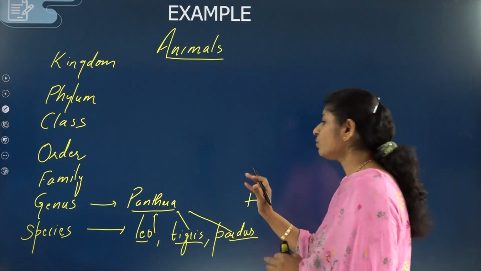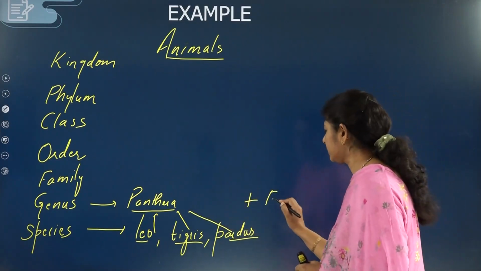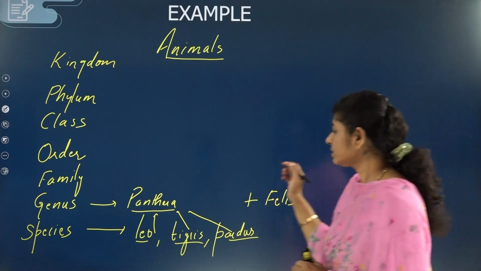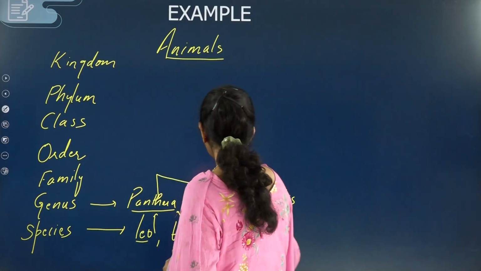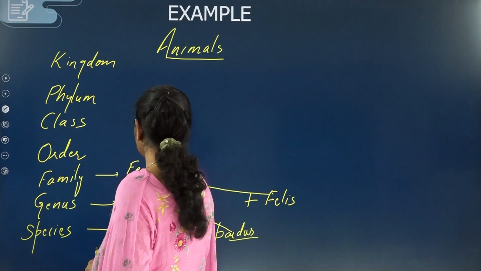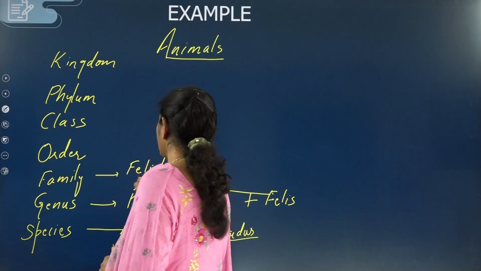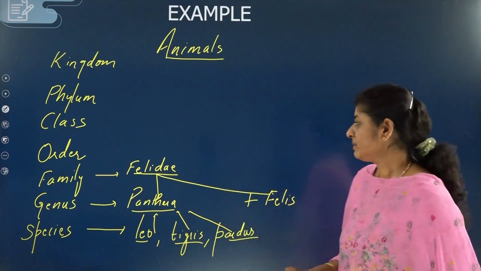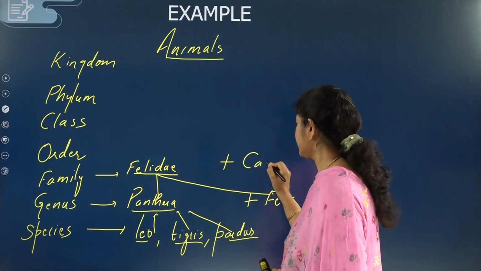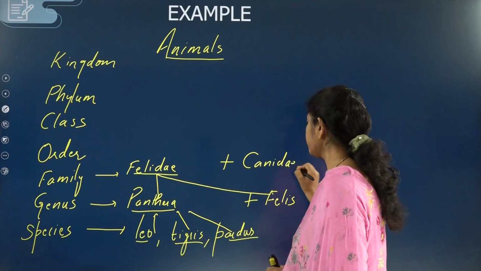If I include one more genus right now, Felis, which includes cats, right? So Felis and Panthera will come under the family Felidae, right? Which family does it come under? Felidae. If I take one more family now, Canidae, which includes the dogs.